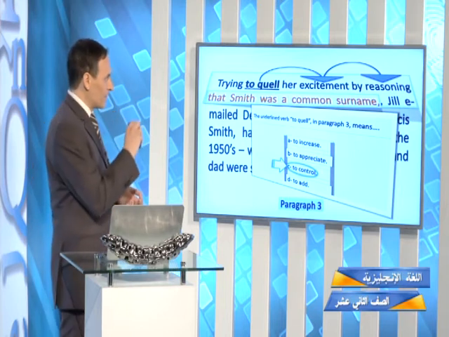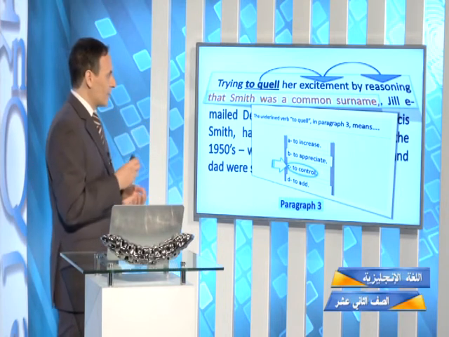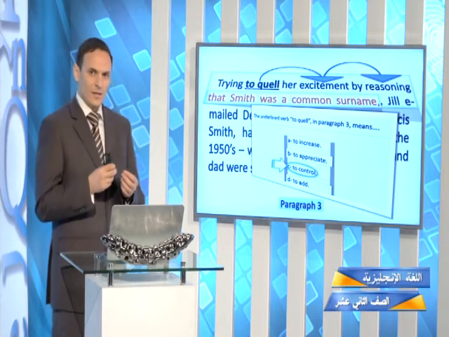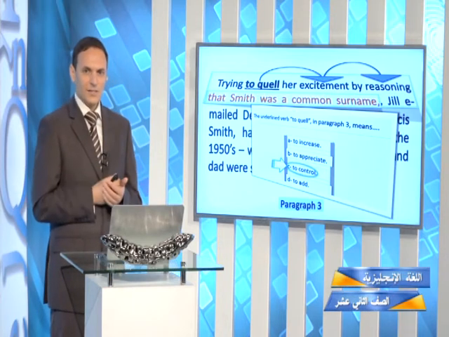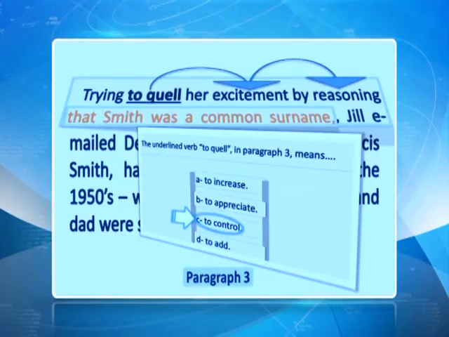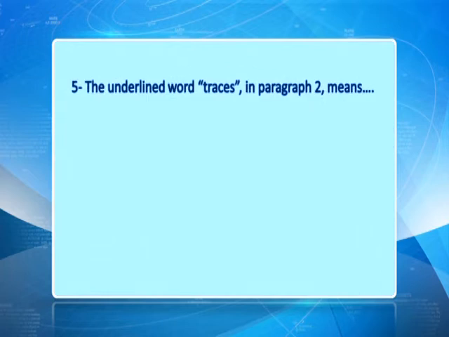By using some words and ideas and combining them together and seeing the logic that connects them, and come up with the meaning of the word in question. Here the word to quell. Right. Now, question number 5, this is another chance for you to practice the same technique I used, which is using context clues to come up with the meaning of a word.